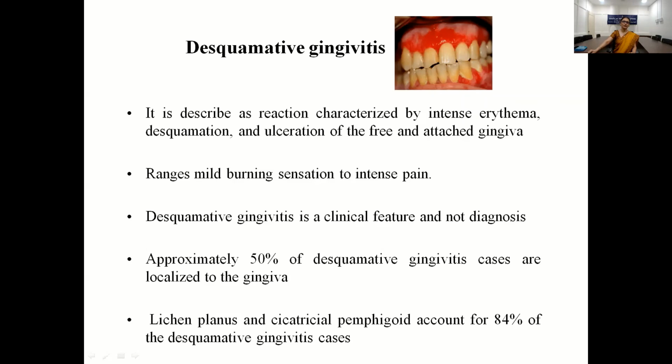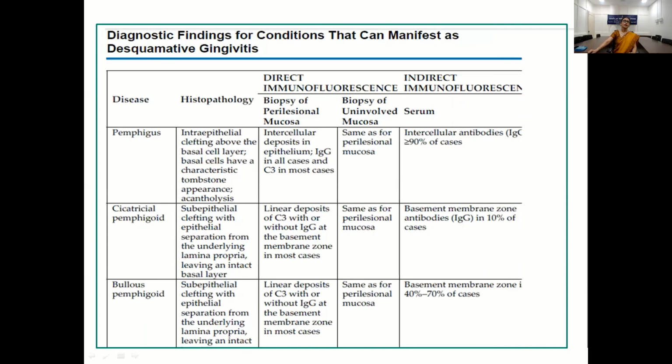Now, in such patients, you can also see skin lesions. Now, these are the diagnostic findings for the conditions that can manifest as desquamative gingivitis. These are the different diseases and their histopathological features where you can see desquamative gingivitis.